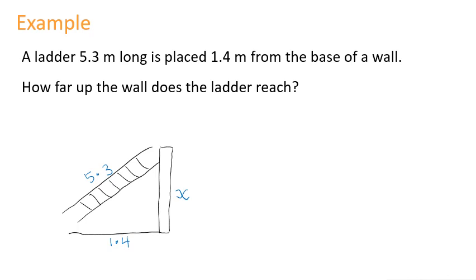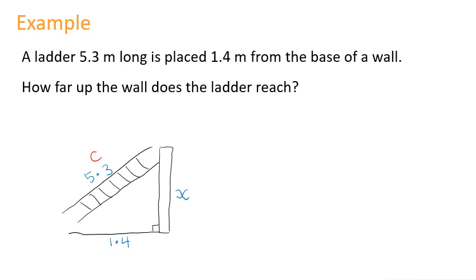Okay, so the first thing I would do is label the triangle. I'm going to label the hypotenuse, the side which we know is the longest side and opposite the right angle. So if there was a right angle, it would be here. So that makes this the hypotenuse, which I label with the letter C. In this case, I'm not trying to find the hypotenuse.